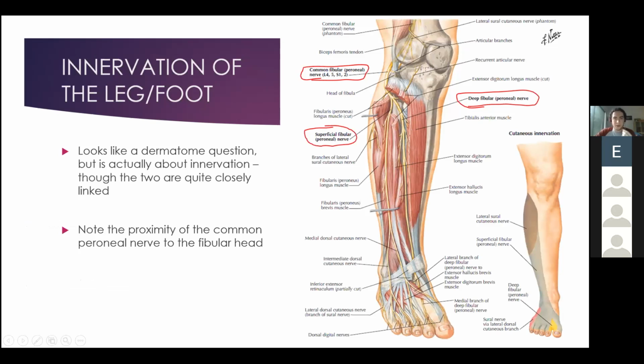So the main thing here that's clinically useful is that when you get a fracture to the head of your fibula, which is this part up here, you can very easily damage the common fibular nerve or the peroneal nerve, which can then lead to deficits in your deep fibula or your superficial fibular nerve. And that's where you get your classic foot drop sign.